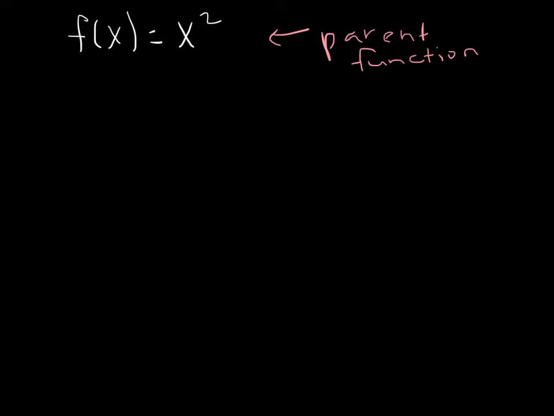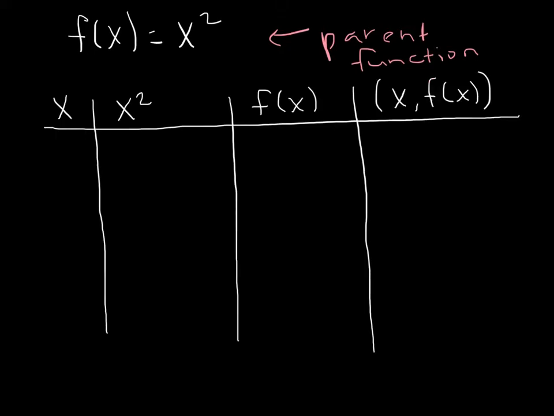Anytime that you see something that isn't linear, it's helpful to make a table first. I like to make tables that look like this because they show the progression of what we're actually doing, how we're plugging things in. So we can start by picking some x values.